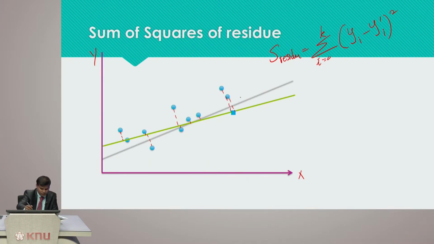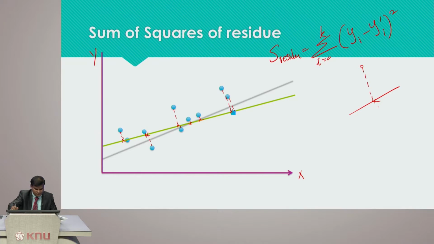Let's say this is the line, and you have this point here, and you are projecting it over this part.